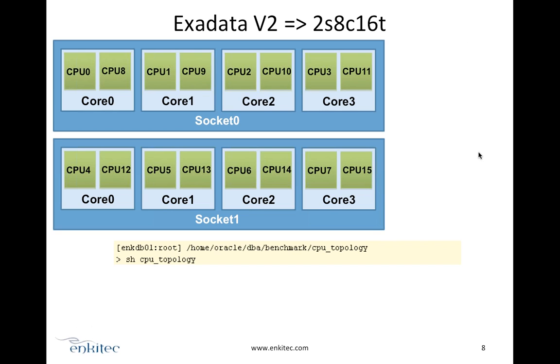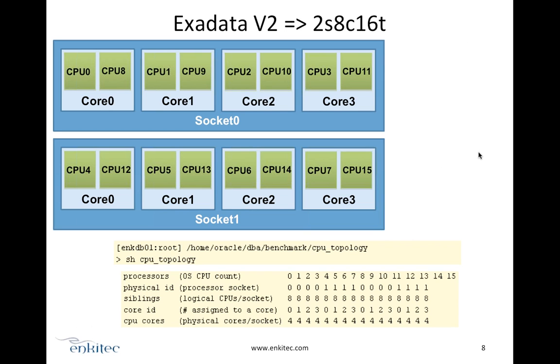And for each core, you have a duplicate of that core, which is the hyper-threading technology. For each socket, you've got 8 threads or logical CPUs, which totals 16 threads, right? That's just the pretty picture view of that CPU.